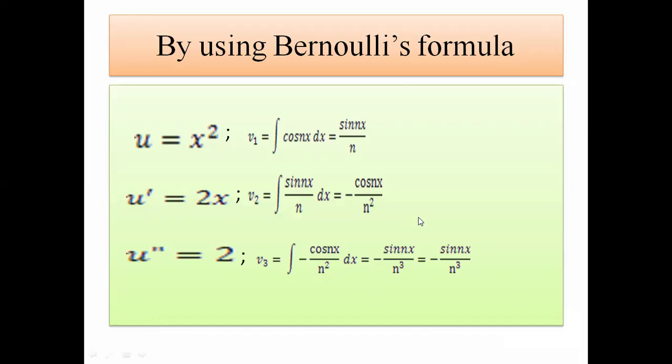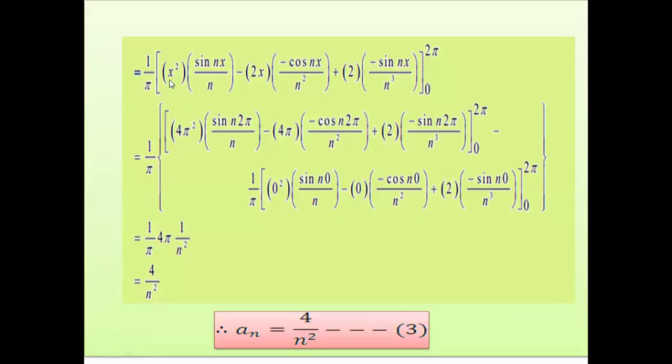Now we have to apply Bernoulli's formula: uv1, u dash v2, u double dash v3. Apply it over there.